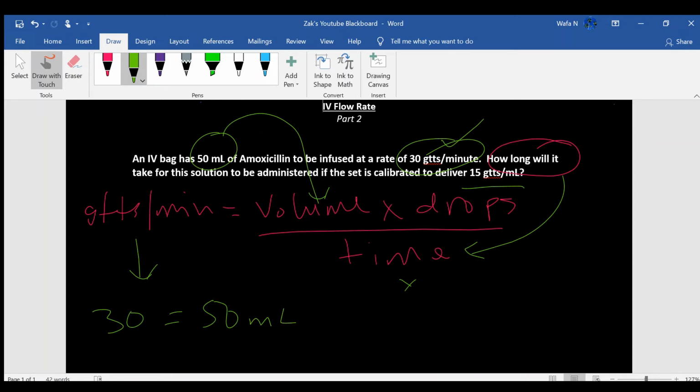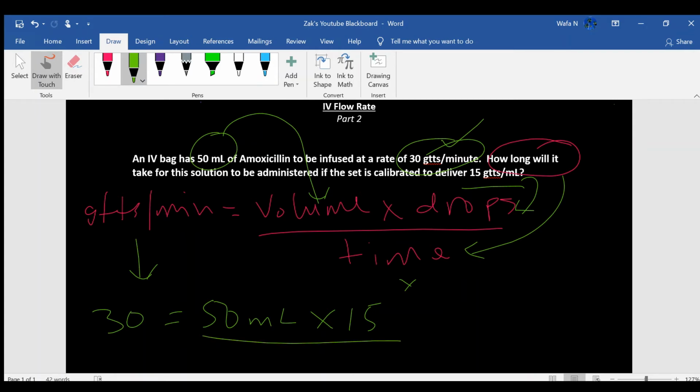Then we're going to multiply that by the amount in drops per mL. And as you guessed already, that's the 15 drops per milliliter. So we're going to multiply the 50 mL by 15 drops, and it's going to be divided by time.